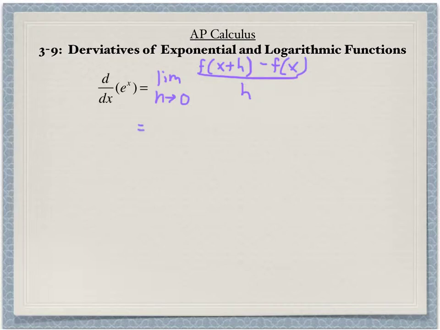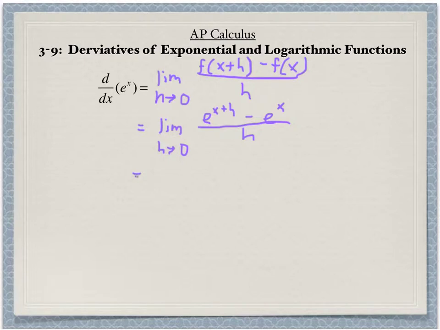Now, applying it to this problem, we're going to have the limit as h approaches 0. And remember, I replaced x with x plus h. So then it's going to be e to the x plus h power minus e to the x, all of that over h.